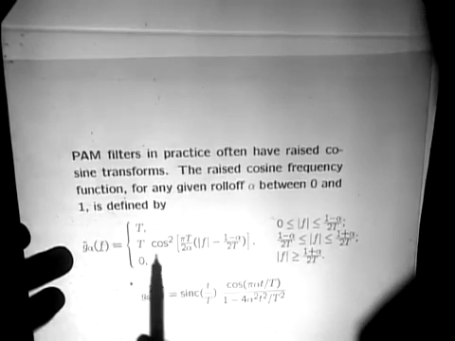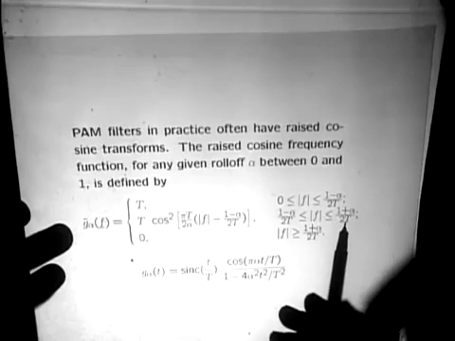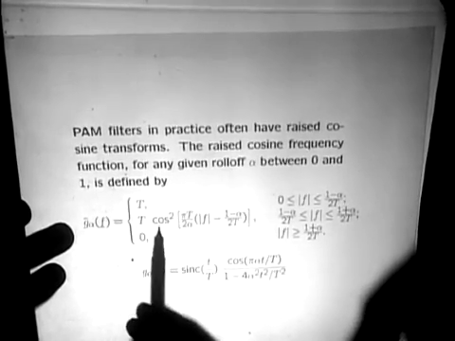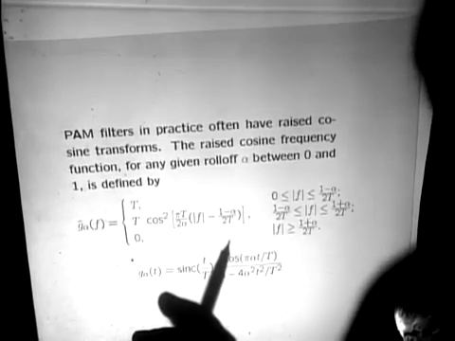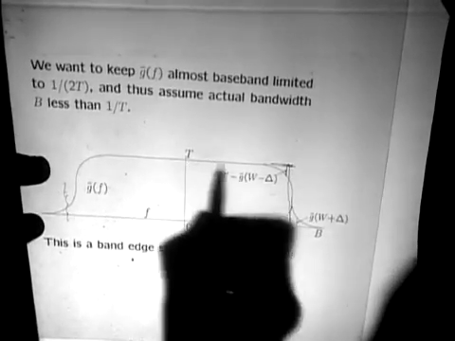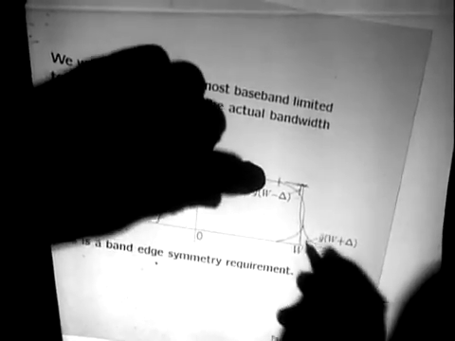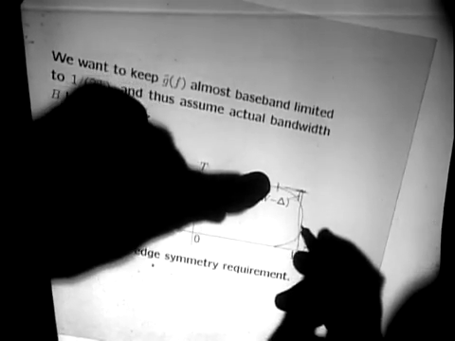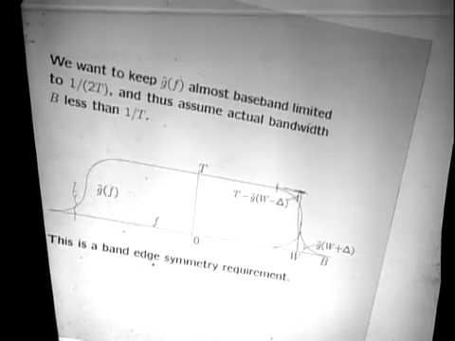It's T times a raised cosine over this part of the frequency band here, T times cosine squared, and the cosine squared just raises things up to be averaged out at 1/2, and it's 0 everywhere else. So what you're doing here in that formula is simply making things T up to here, making it a raised cosine here, and making it 0 everywhere else.